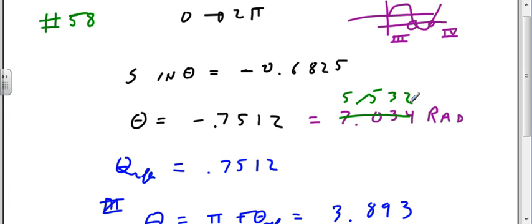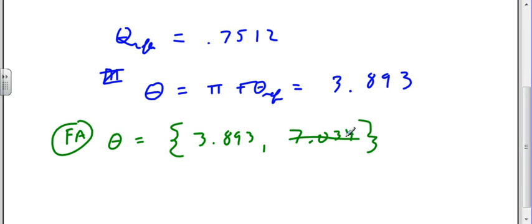The sine of 5.532, that's right. So this guy here, 5.532, not the other guy. When you put the 7.034 guy in, you didn't get a negative number out. And that's the issue. So I checked my work, I got it right.